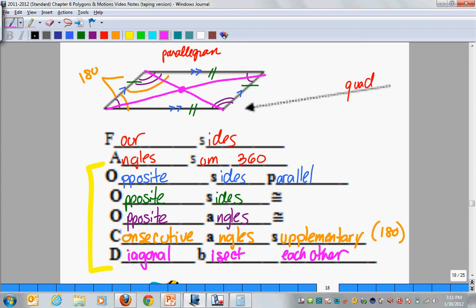In other words, that point is going to be the midpoint both ways. So hatch marks there, double hatch marks there. They do not all share the same hatch marks all the way around because you have one longer and one shorter diagonal. But they do cut each other in half, which means they go through each other's midpoints.